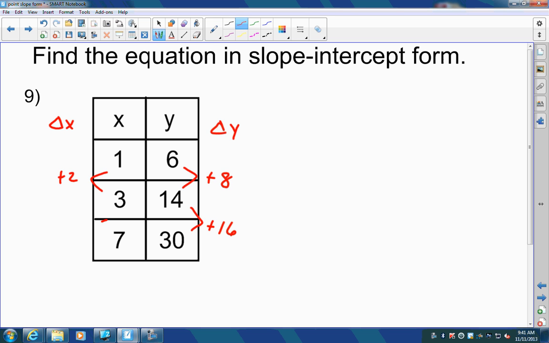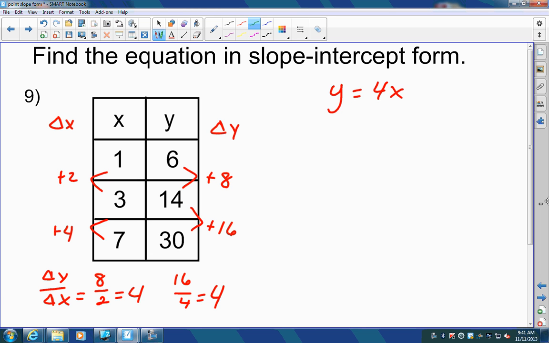Plus 2 and plus 4. So I get delta y divided by delta x. 8 divided by 2 is 4. 16 divided by 4 is 4. That is my slope. I know my equation is going to start off y equals 4x.